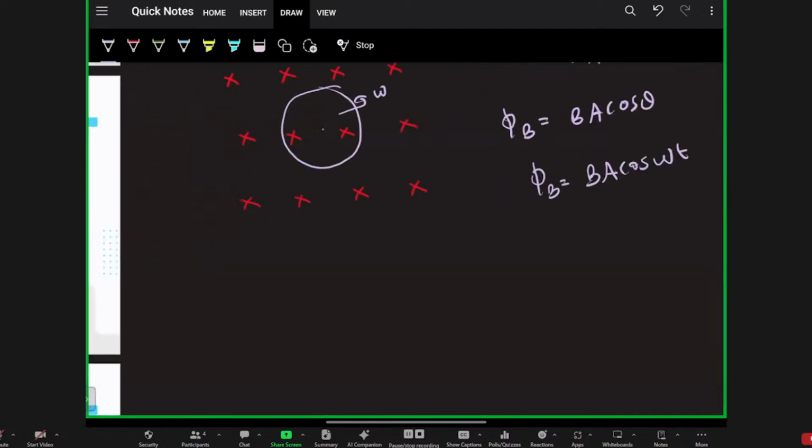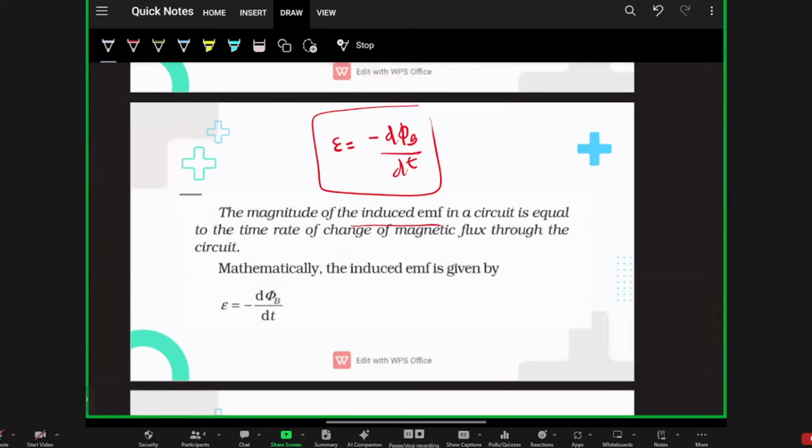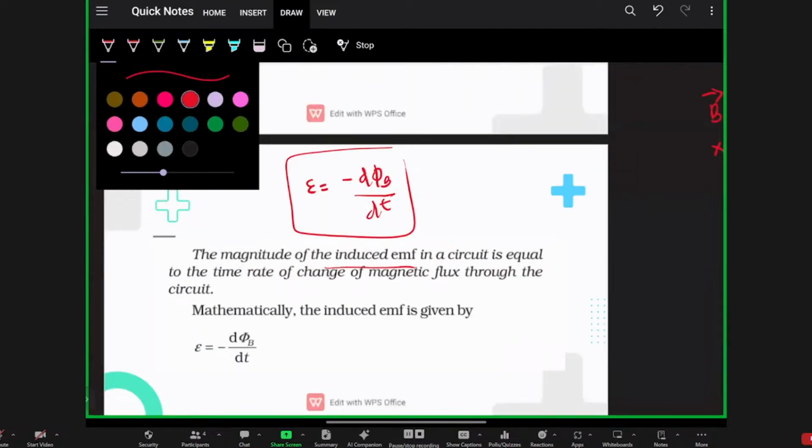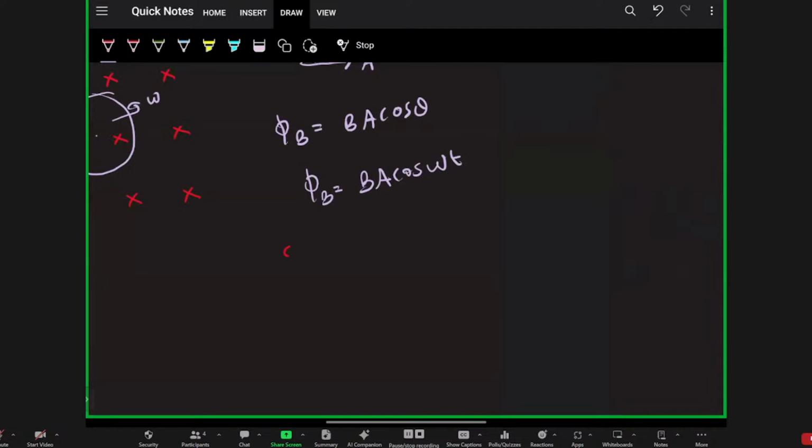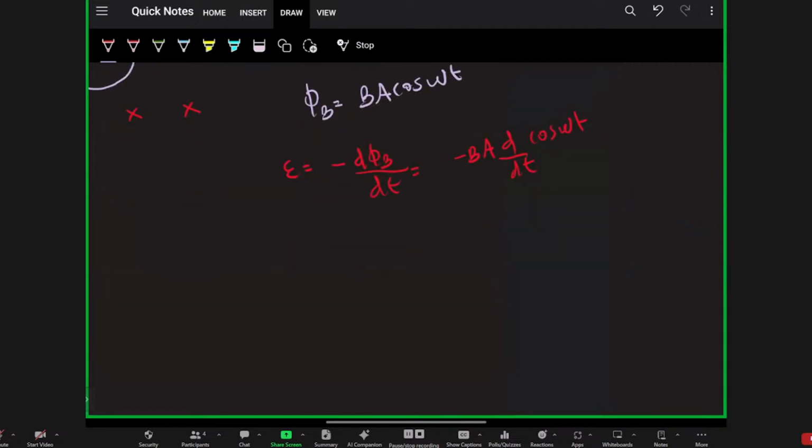So we know induced EMF. What is the formula of induced EMF? Induced EMF is minus d phi B divided by dt. We differentiate minus BA d by dt of cos omega t, and that will be minus sin omega t, so the minus becomes positive.